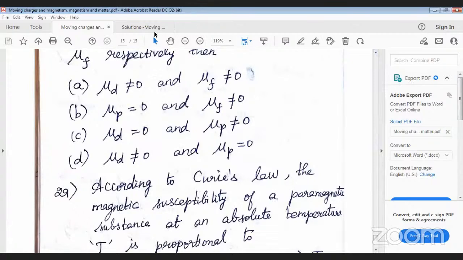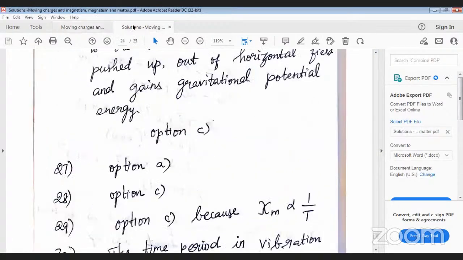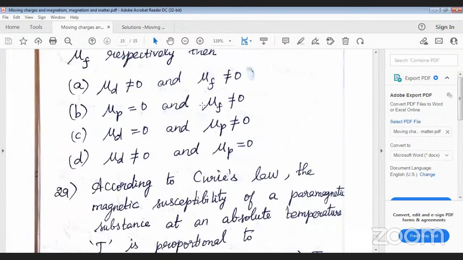And why option C? Usually the diamagnetic material doesn't have any permanent dipole moment. The magnetic property in a diamagnetic material is mainly due to the orbital motion of electrons.